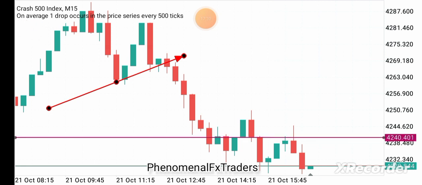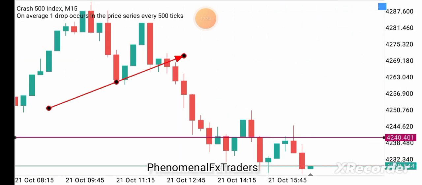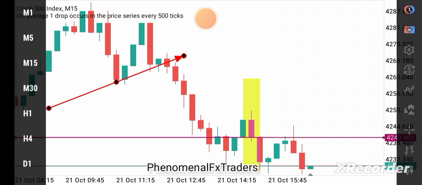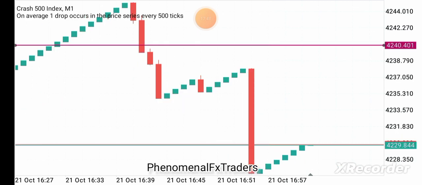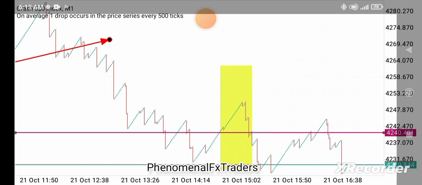Then let me get the rectangle box to cover the area we are concerned with. Okay, this is what we are looking for. All right, so then we go down to the 1-minute time frame quickly. Hold on one moment, let me get this tool.